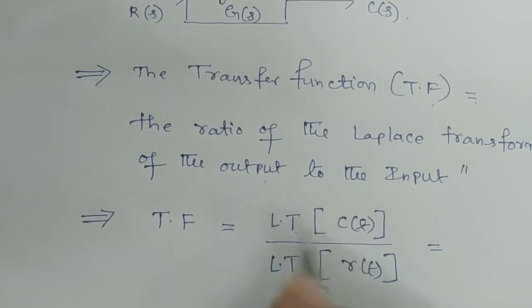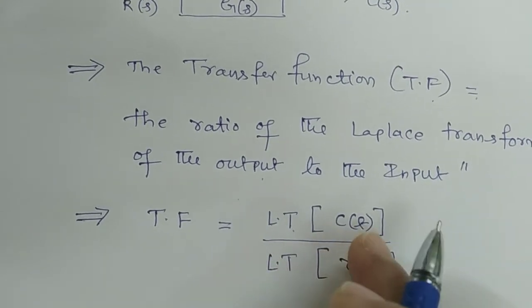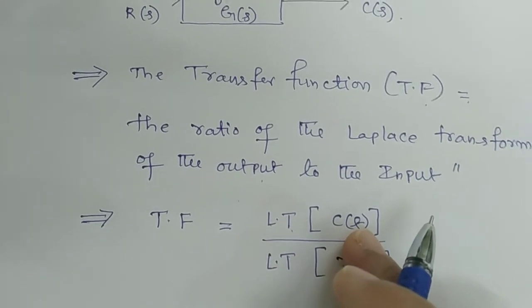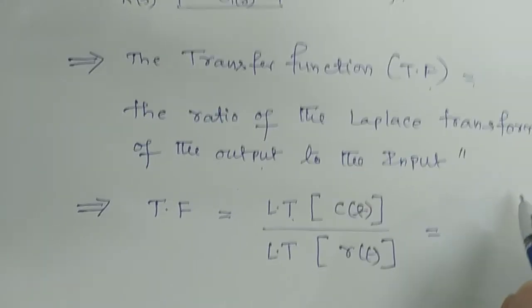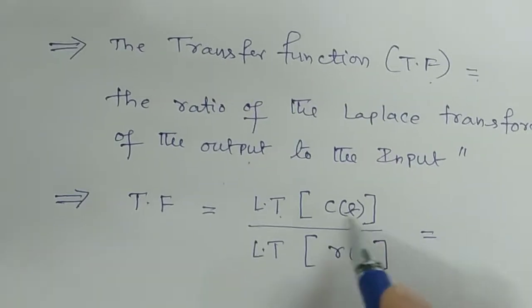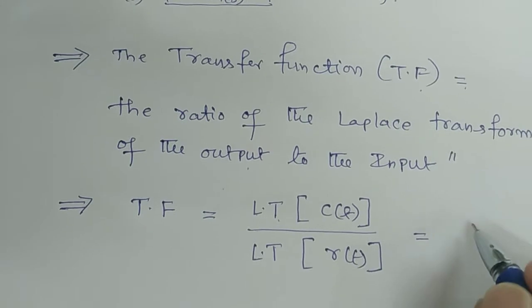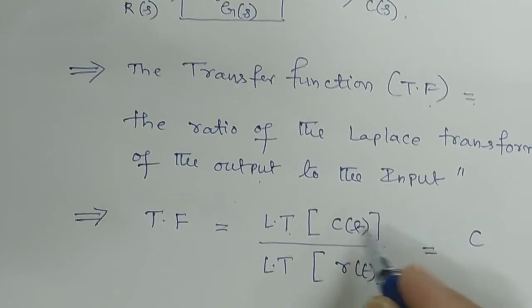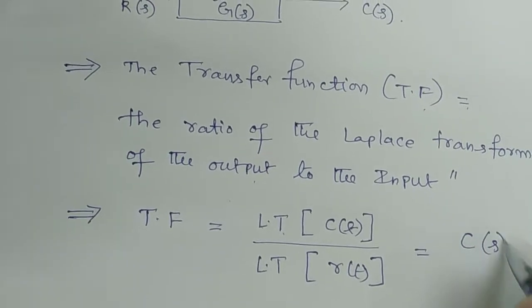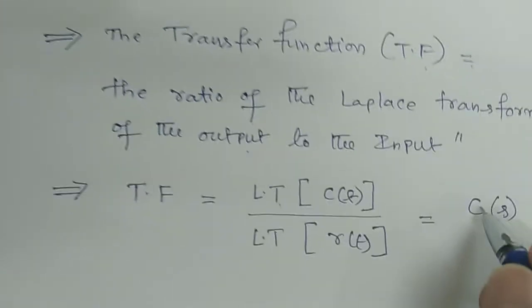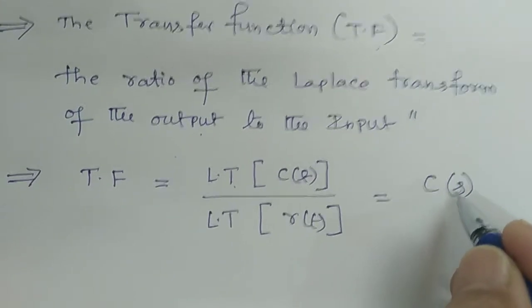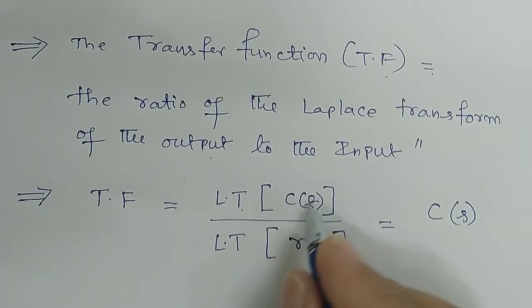If you apply the Laplace transformation to a time domain signal, it converts into a frequency domain signal, meaning small c of t is converted into capital C of s. C of s is nothing but the Laplace transformation of C of t.